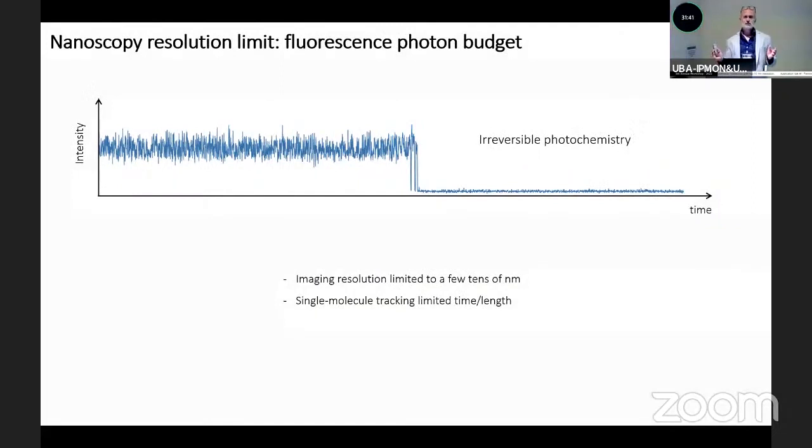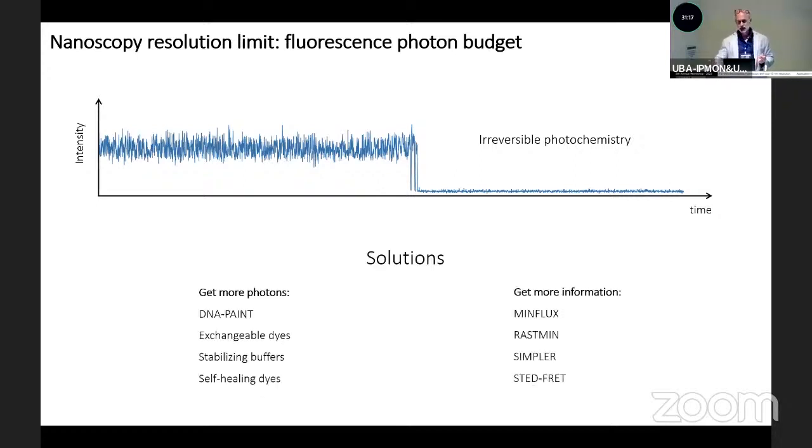The main problem, so the reason why super resolution methods cannot achieve any desired resolution, is photobleaching, irreversible photochemistry. That's what limits the number of photons you can get from one fluorophore. And that's what in the end limits the localization precision or the resolution of your methods.